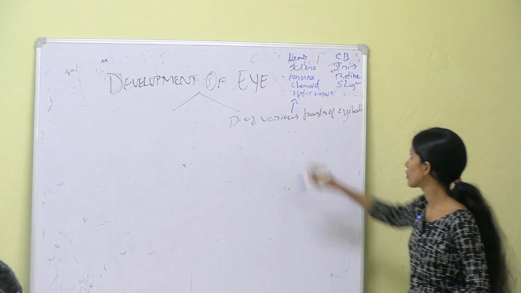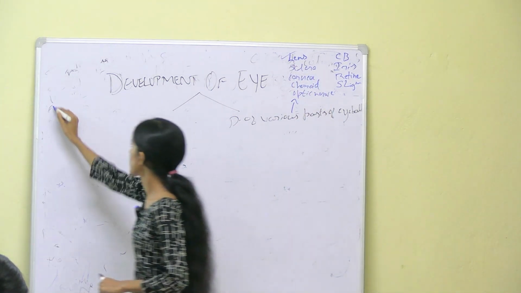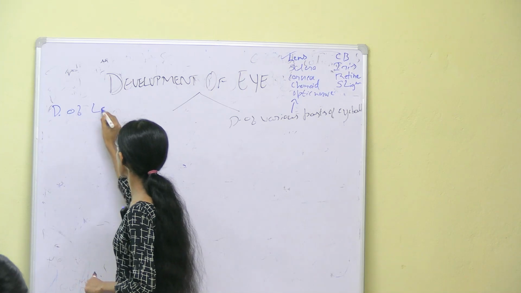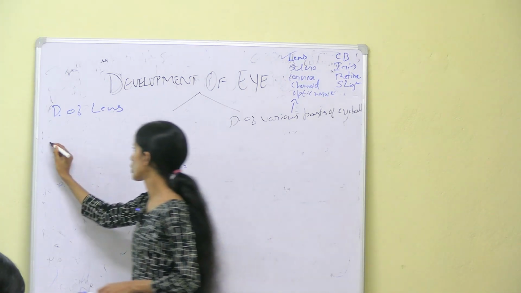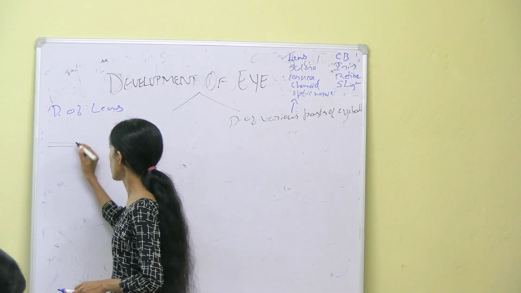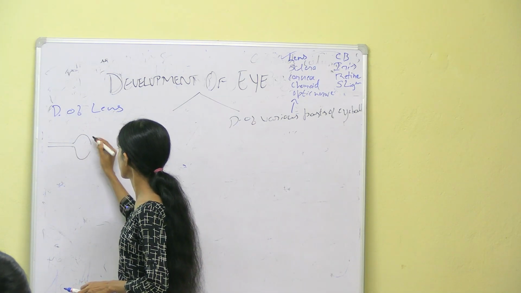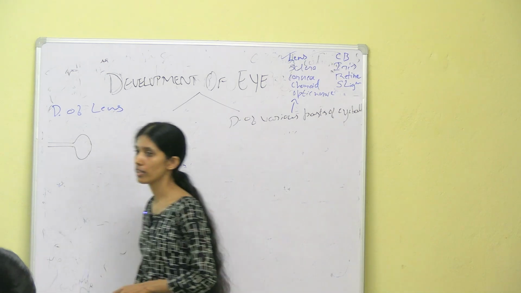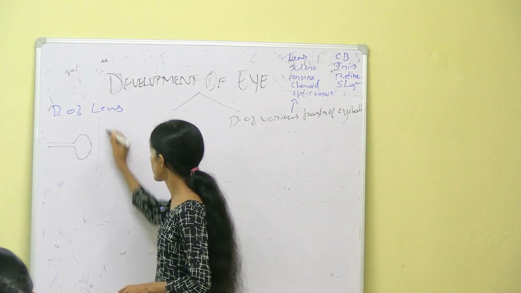Okay. First we'll start with the development of your lens, okay? Development of lens. So this is your optic stalk followed by your optic vesicle. Okay, remember in front of this structure we have the surface ectoderm.